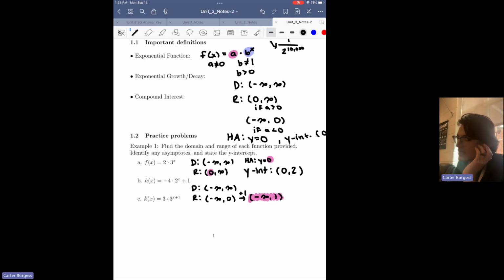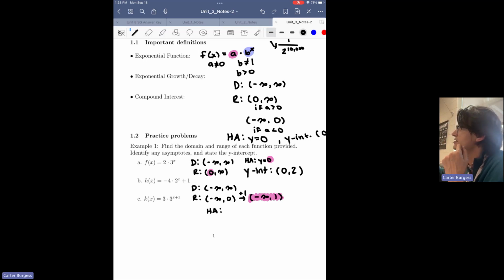All right. So likewise, thinking about the function that we are going to converge to, what is our horizontal asymptote going to be? Normally it would be y equals 0, the line y equals 0. But what do we have going on here?